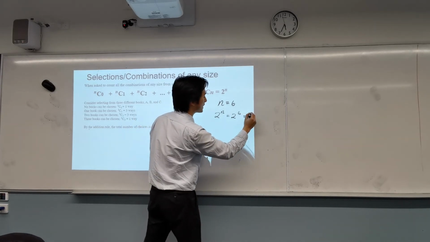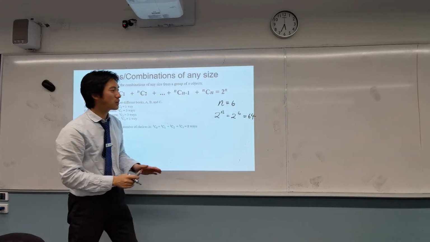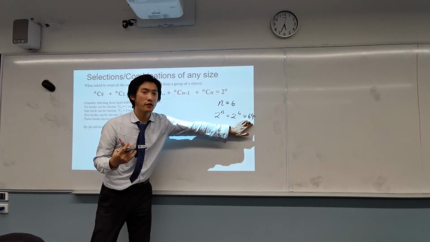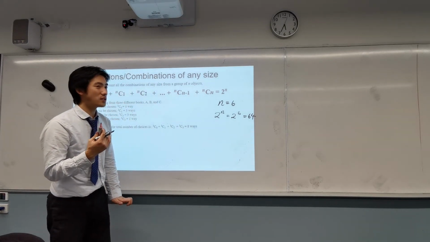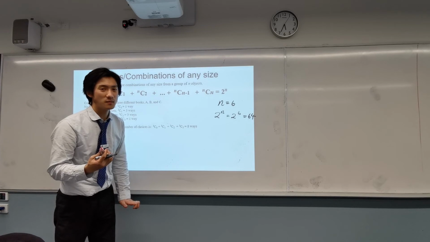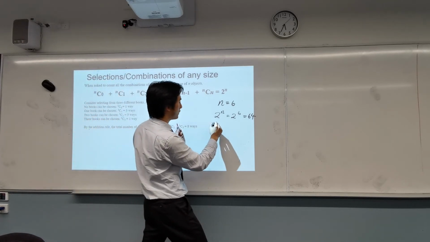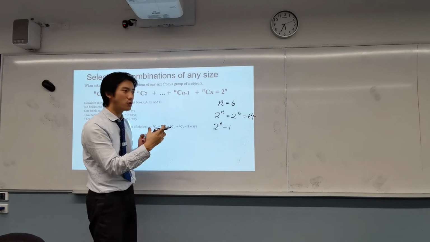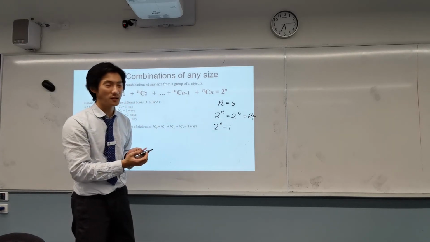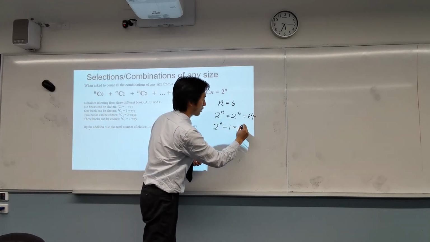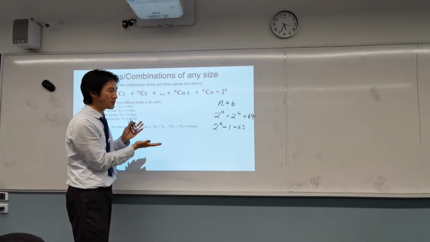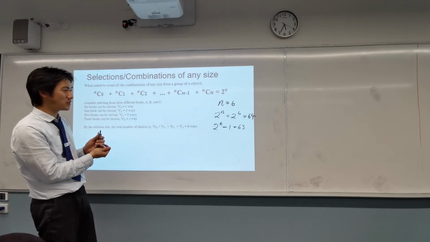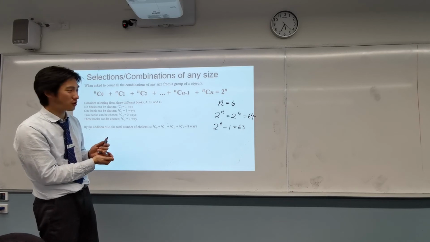Now this equals 64 because it's added on to that the fact that you're eating something that has no taste, which is why the Indian physician actually used the formula 2 to the 6 minus 1, because you're going to remove that combination where you taste nothing. And that's 63. We're finally up to the maths where it was discovered 2,600 years ago.